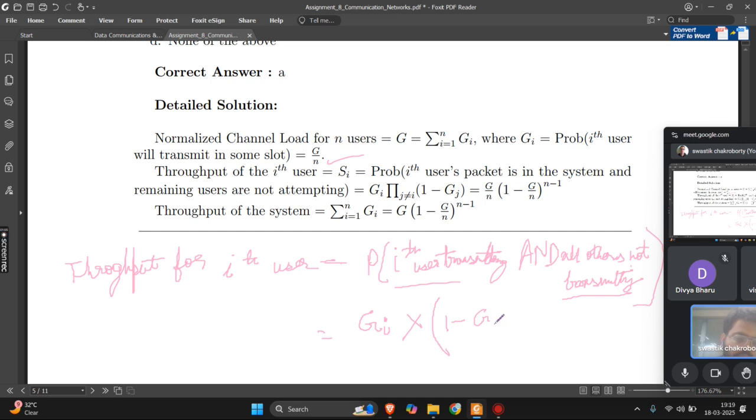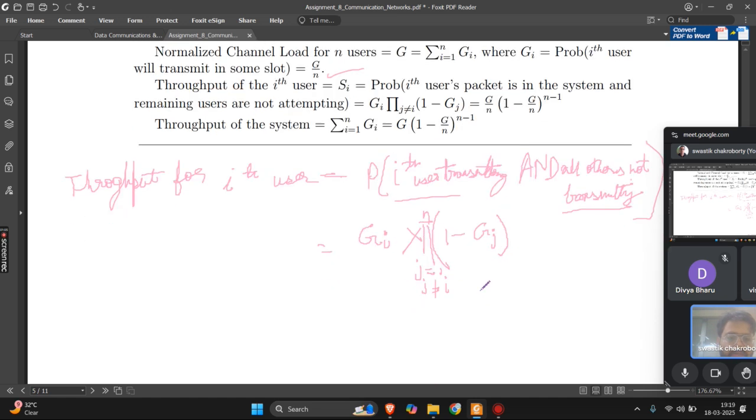Now 1 minus Gi is for 1 minus Gj, where Gj is another user. So there are n minus 1 such users excluding i. So all those will get multiplied. That's why there will be a pi, product j equal to 1 to n, the only condition is that j is not equal to i, of 1 minus Gj. Now Gi, Gjs all are equal to G by n.